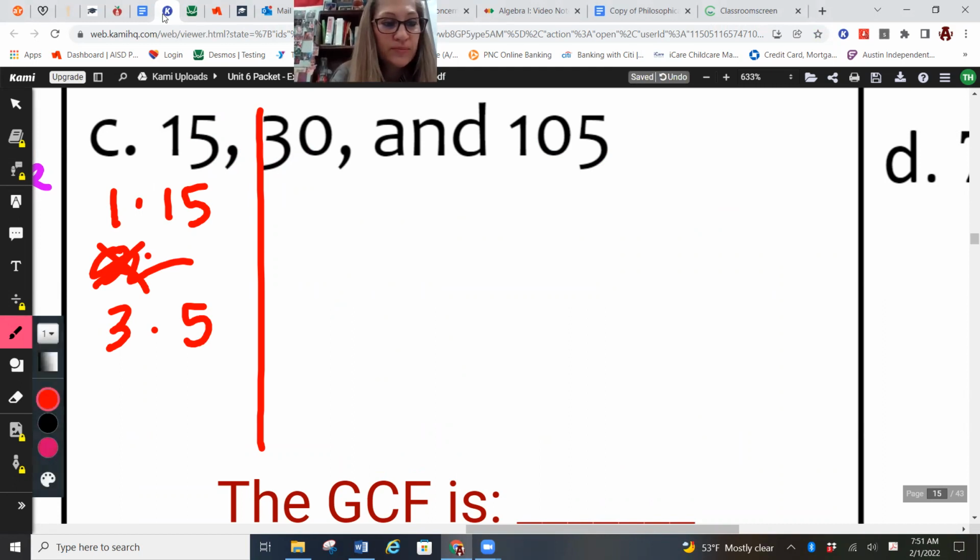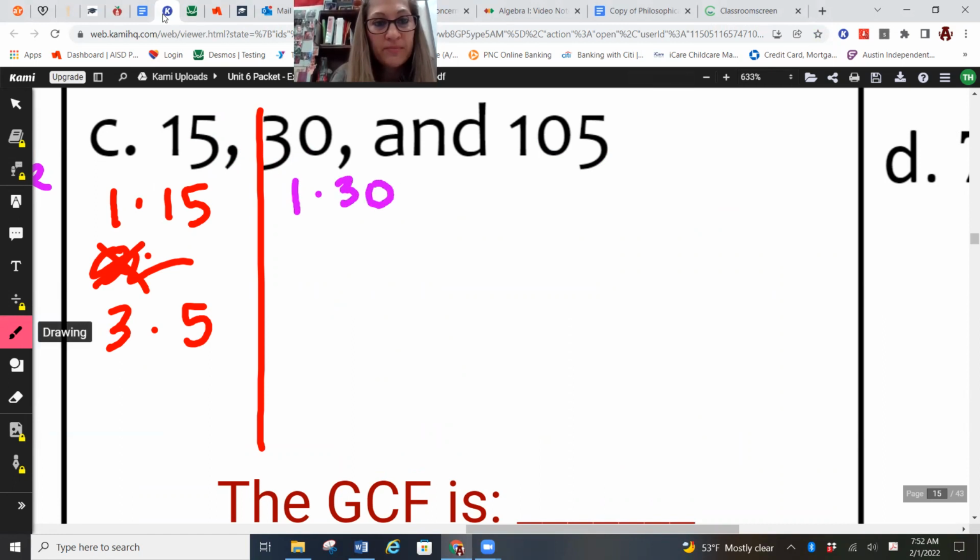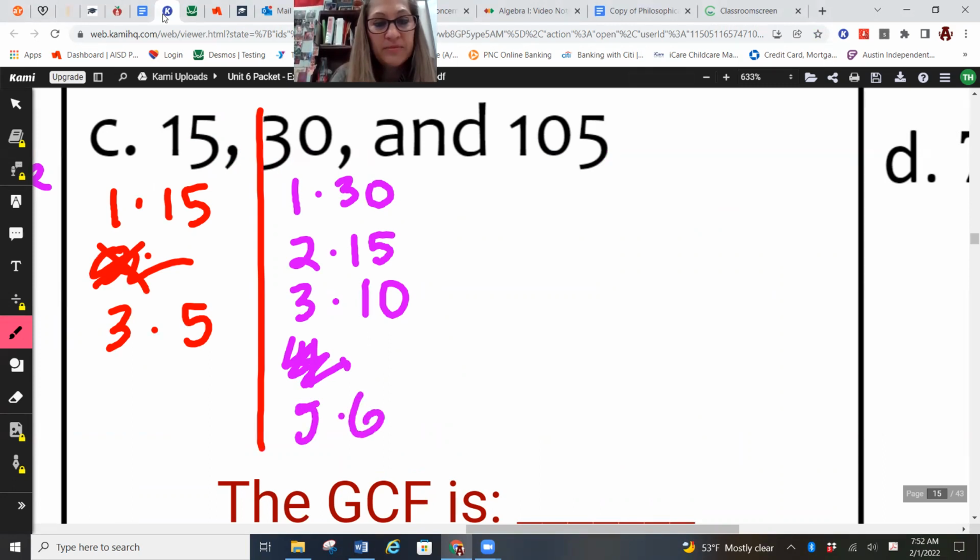Now let's do 30. 1 times 30. 2 times 15. 3 times 10. 4 times nothing. 5 times 6. 7 times nothing. 8 times nothing. 9 times nothing. 10 times 3. So since I already have a 10 listed in purple, then I know that's it.